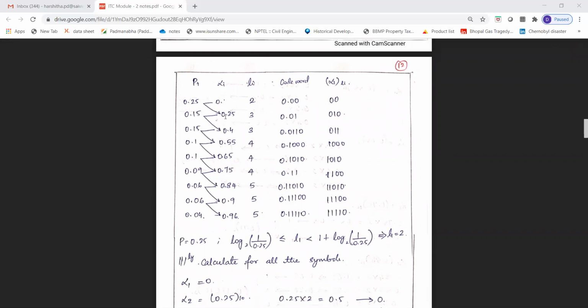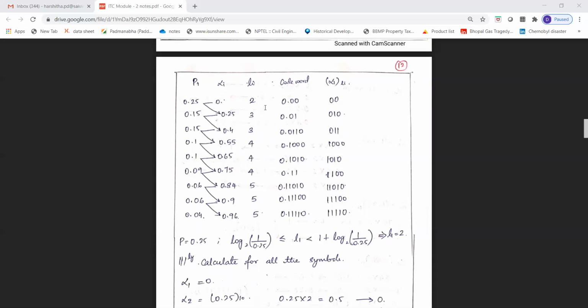So 0 plus 0.5 is 0.25. I'll write it below 0. Next, draw this arrow mark, and 0.25 plus 0.15 I'll write here, and 0.4 plus 0.15 I'll write here, 0.055 plus 0.1 I'll write here. Similarly, I'll draw the arrow marks in this direction and fill up the entries in the second column.